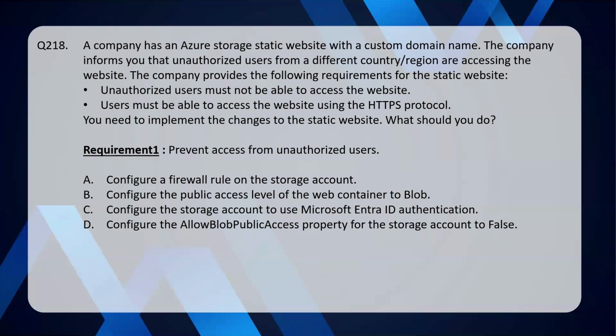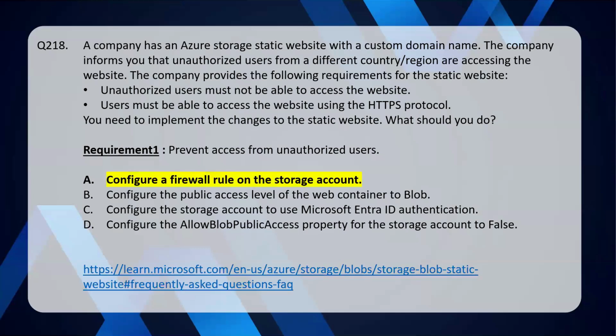Your options are configure a firewall rule on the storage account, configure the public access level of the web container to blob, configure the storage account to use Microsoft Entra ID authentication, configure the allow blob public access property for the storage account to false. Now, you should make use of storage account firewall and virtual network rules, as they allow you to restrict access by IP ranges and block traffic from unwanted regions.